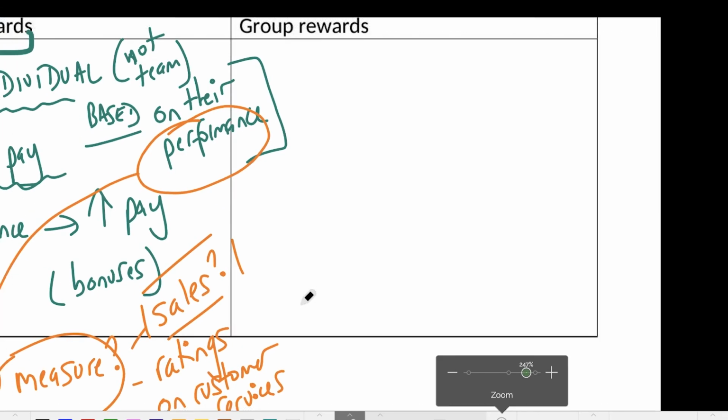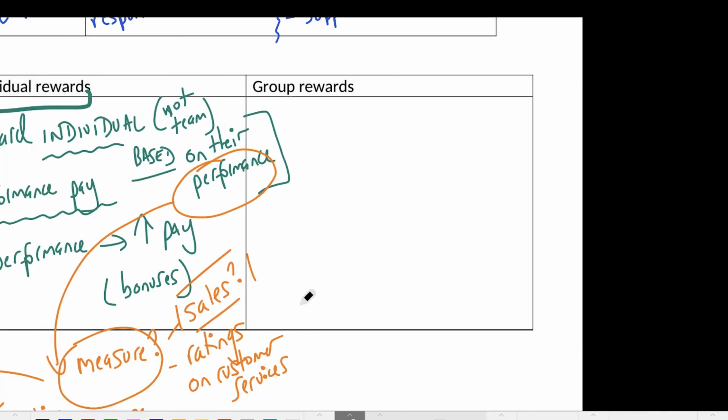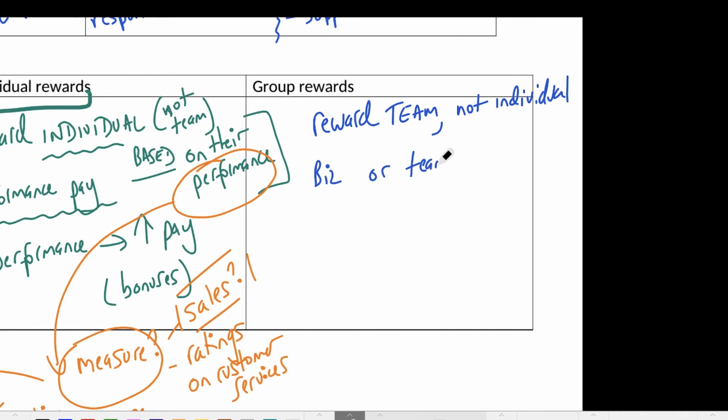So let's then think about our group rewards situation, so that rather than rewarding the individual, we reward the team. The business or the team encounter success. So maybe there's an increase in sales, maybe costs fall, etc. And so what we do is we pretty much reward everyone.